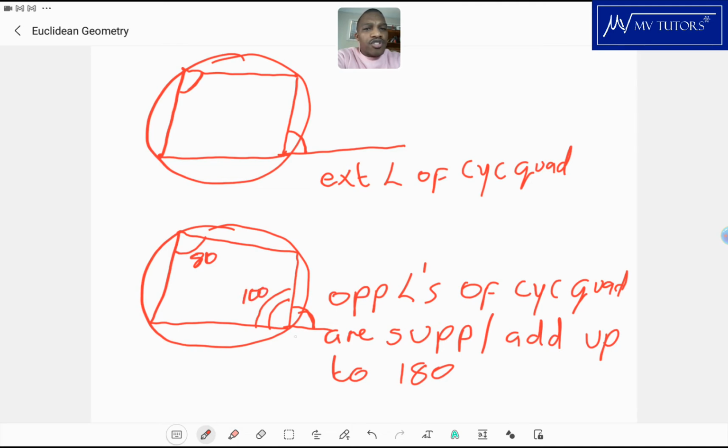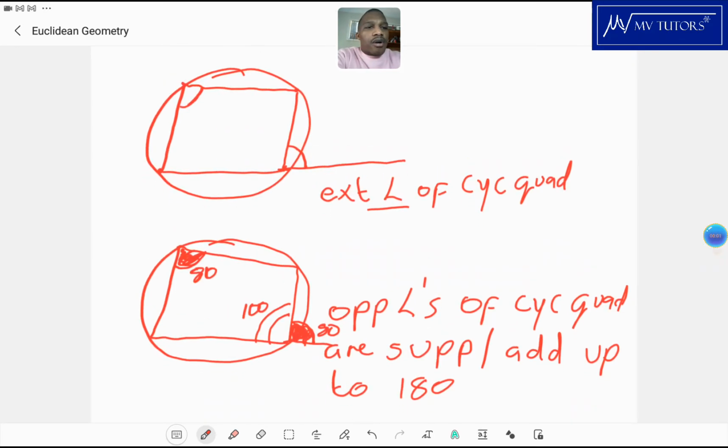Because a straight line has 180 degrees, I say 180 minus 100, it gives me 80. So that's where you get this external angle of a cyclic quad, where the external angle is equal to the internal opposite angle. That's it. Remember this.